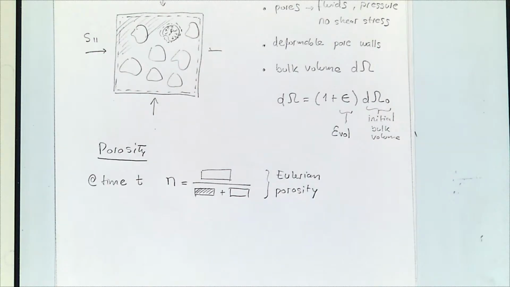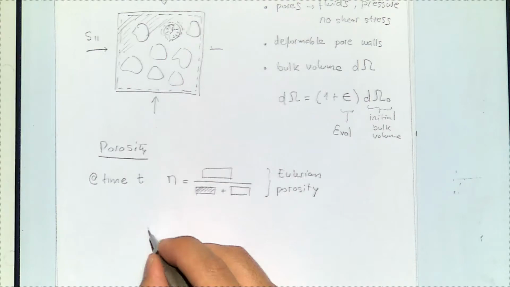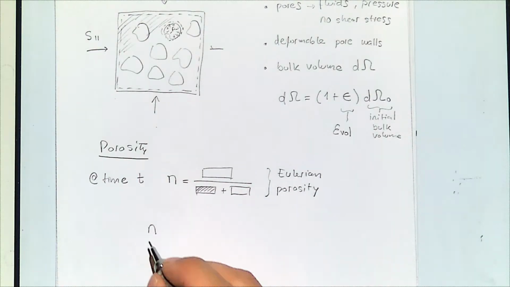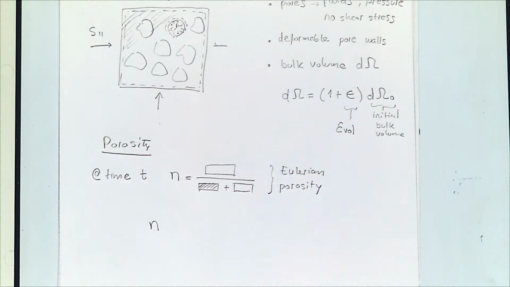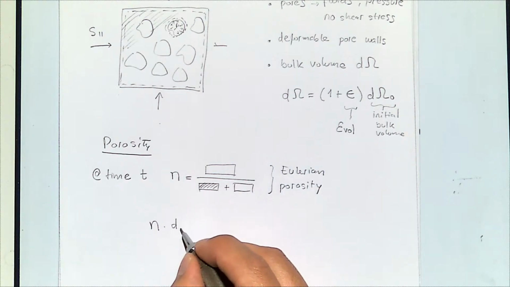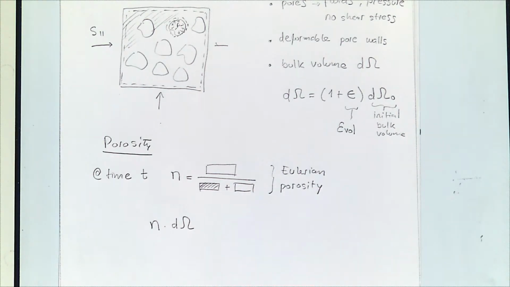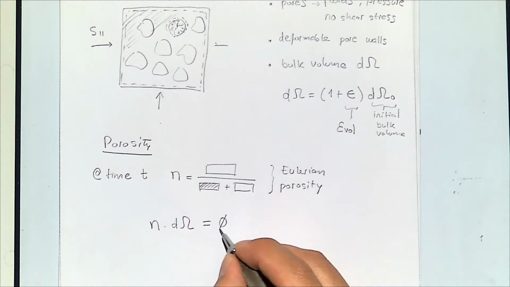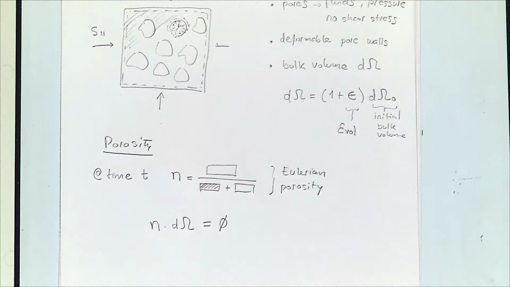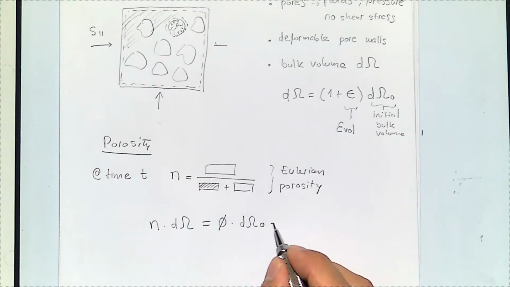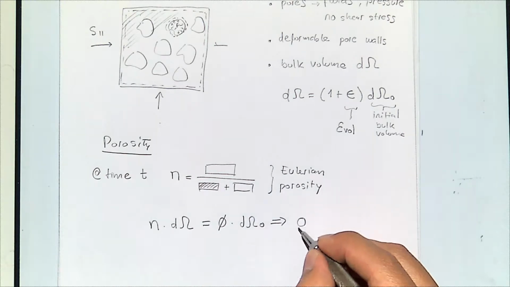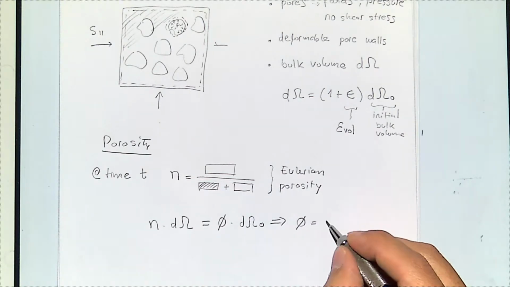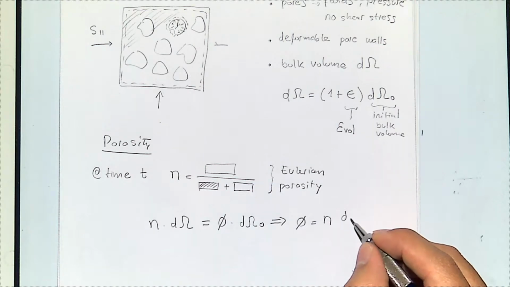That porosity is going to come from this equation: porosity at any time times bulk volume at any time, we're going to make that equal to a new porosity, porosity phi, times bulk volume at time 0. And therefore, from this equation, this porosity is going to be equal to this.